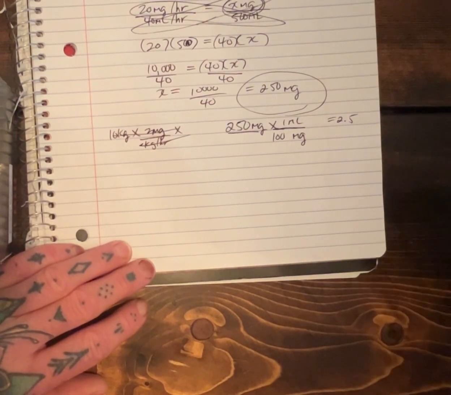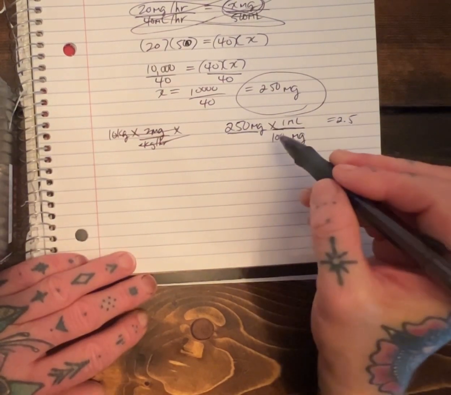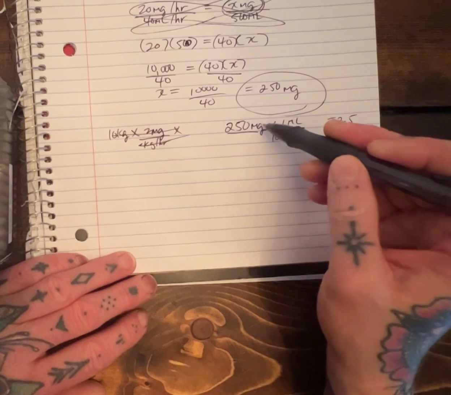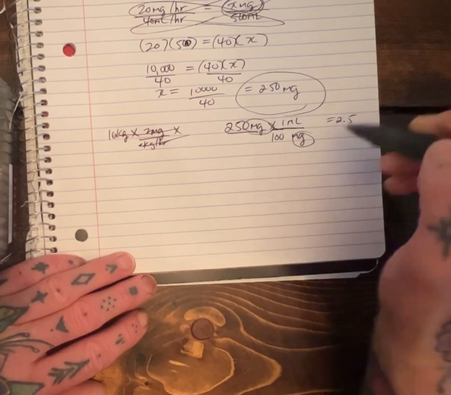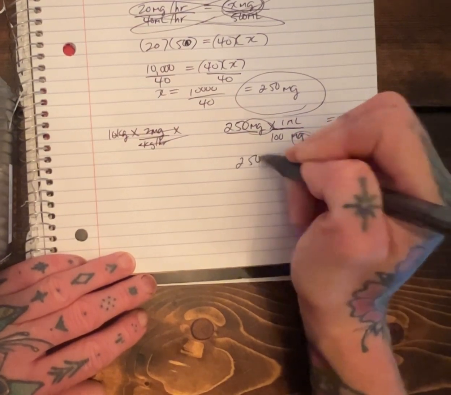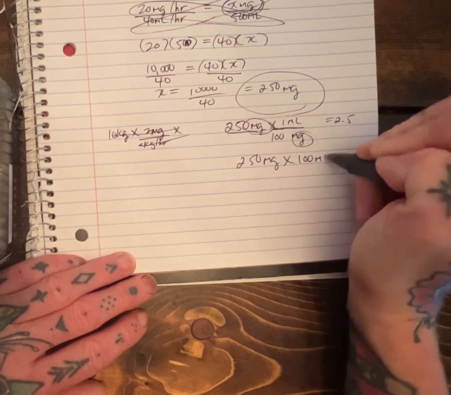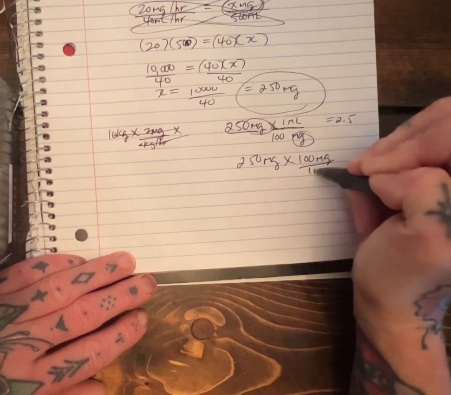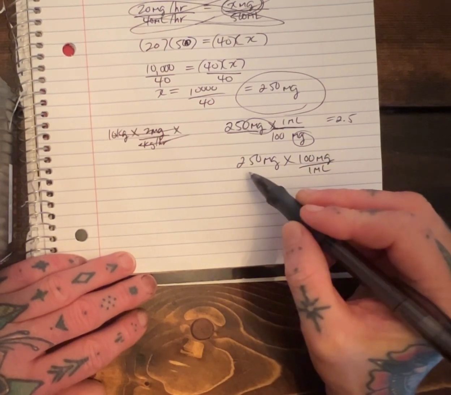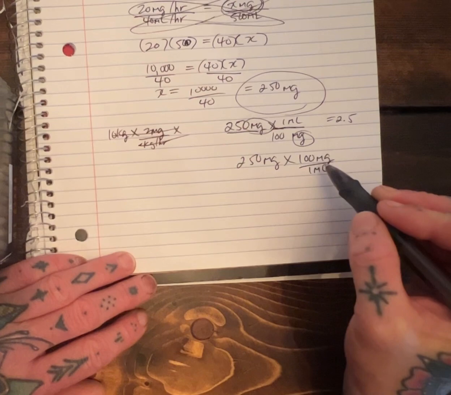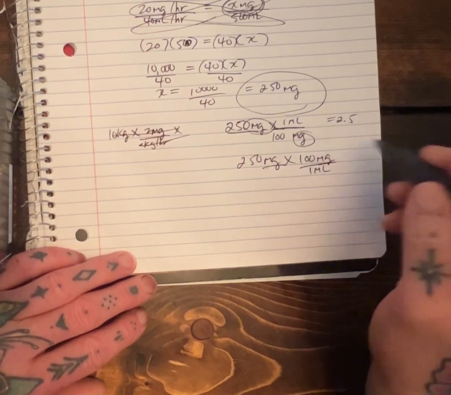But if you get lost in doing the dimensional analysis, as long as you have your one value here and then it ends up down here, you'll never get lost, instead of doing 250 milligrams times, by accident, putting 100 milligrams up here divided by the 1 mil. So this would give you 25,000. And the milligrams are both on the top part of the equation, so that's how you know that's incorrect.